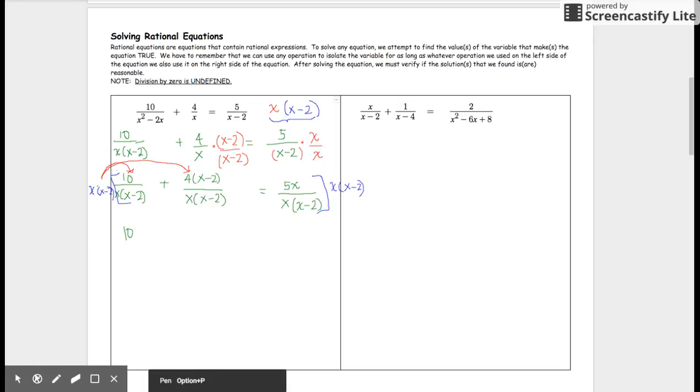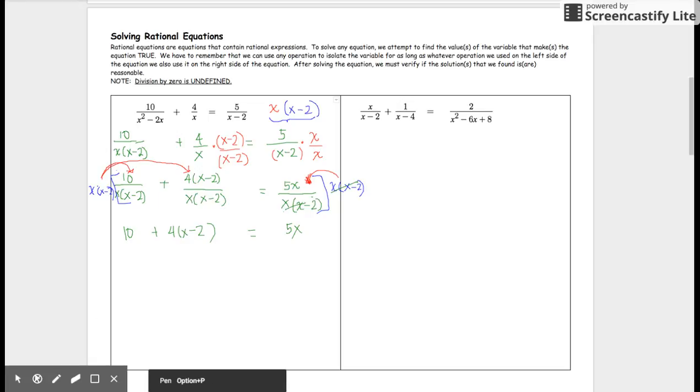So we will have here just 4 over x minus 2 equals. Now if we multiply this by this, we will get 5x only because the denominators will be canceled. So now we have a simpler equation, easier to handle, easier to deal with.